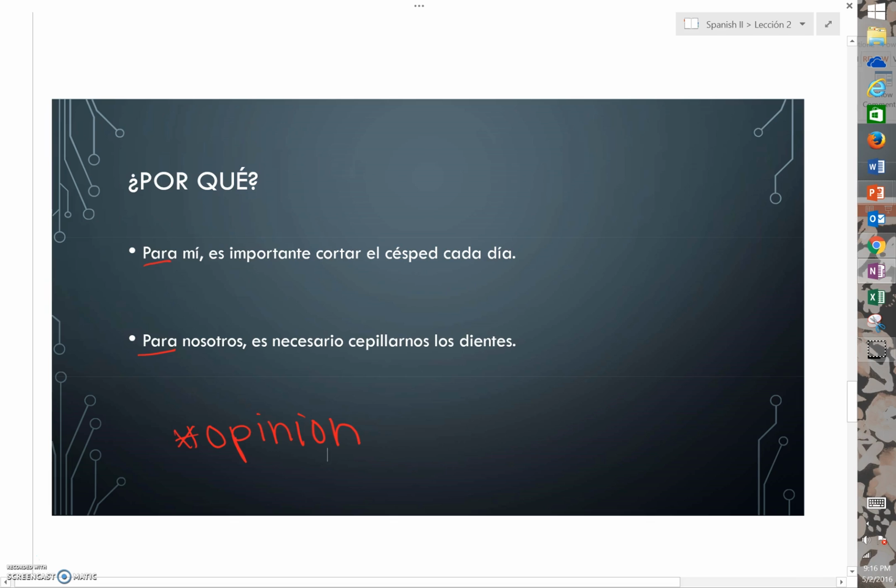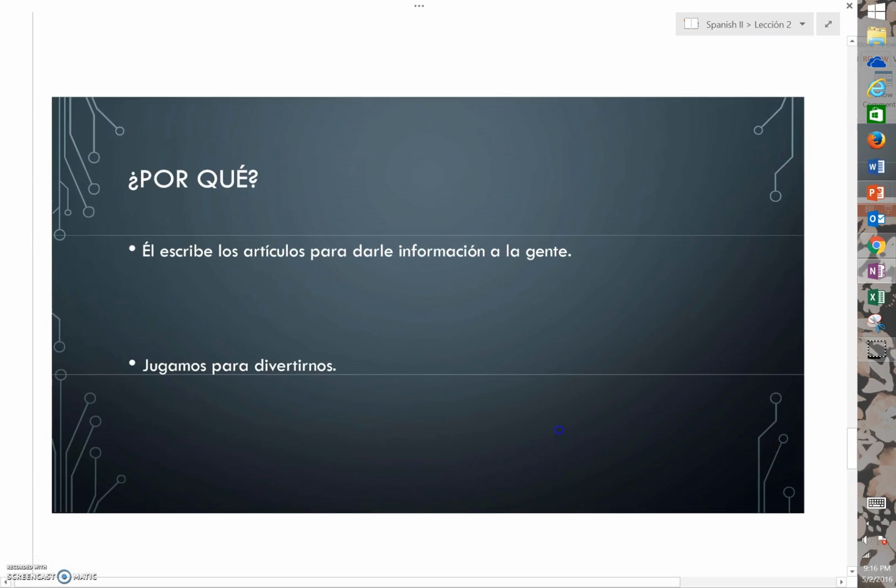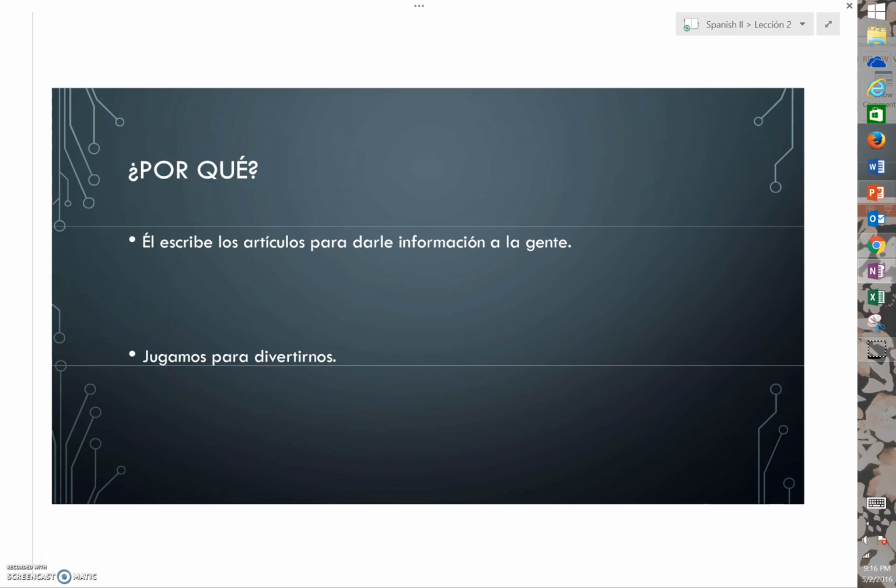Let's talk about another use of para. Él escribe los artículos para darle información a la gente, and jugamos para divertirnos. Again, try to come up with a rule as to why para is used for both of these sentences. Our first sentence says, he writes the articles in order to give information to the people. We play in order to have fun. What did you notice that both these sentences have in common?